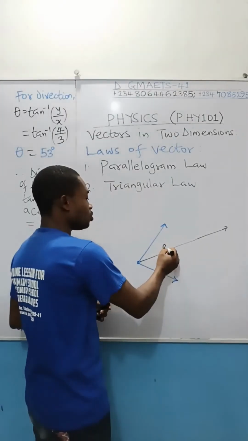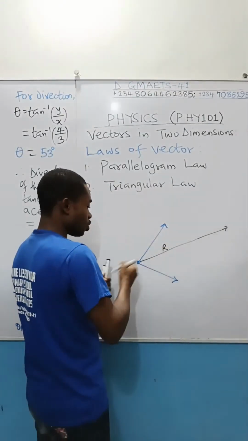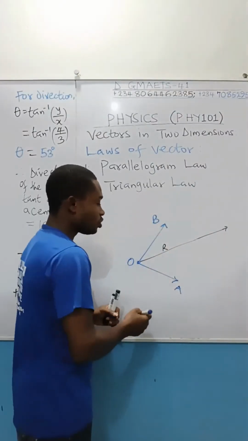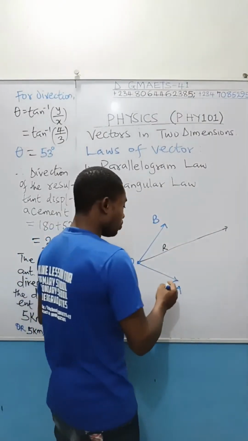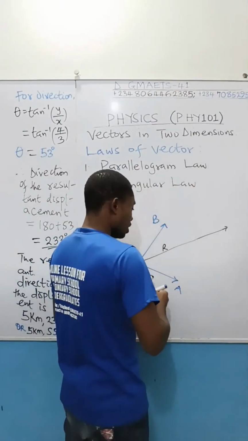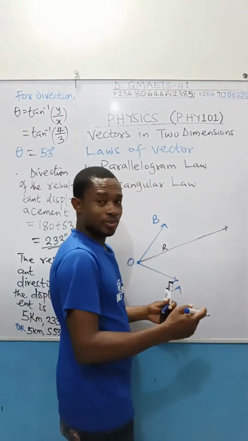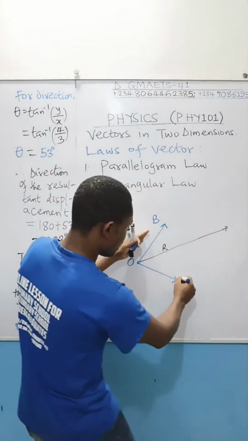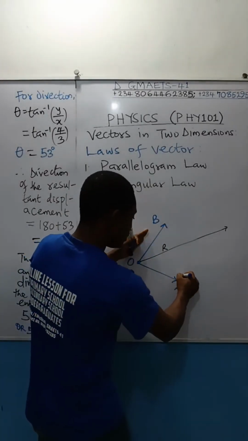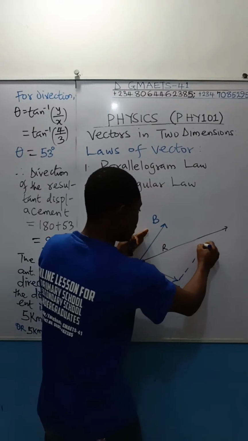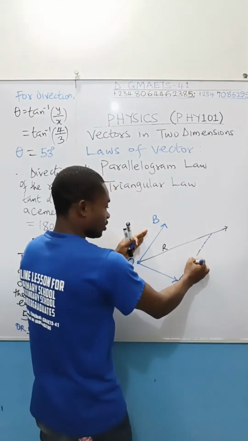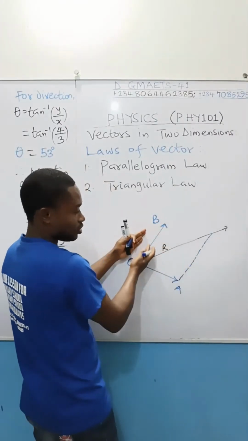Now, if I call this vector OA, and I call this one OB, all you have to do is to complete the parallelogram. And how do you complete it? You draw a line parallel to this one. So as I'm doing this, let me take a line parallel from here. Something of this kind. You notice that this line is parallel to this one.